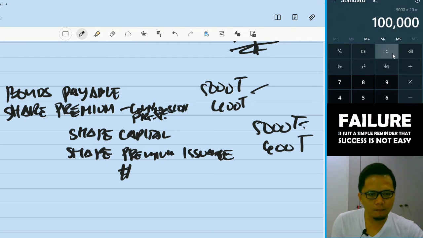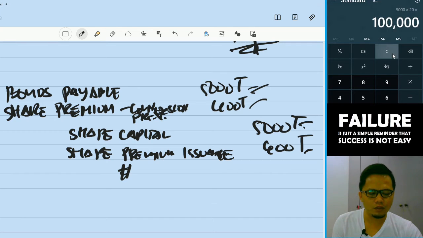The bonds payable obviously is always computed as the carrying amount, diba? In this particular example, it just so happens that because the share capital is equivalent to the face amount, pure reclassification lang siya.